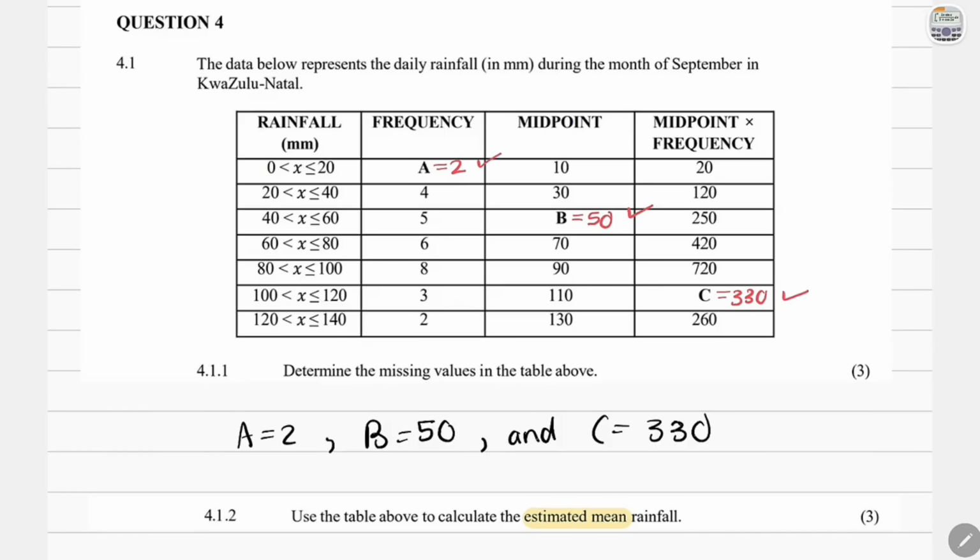What we're going to do is we find a midpoint, and that midpoint is going to serve as the rainfall for this entire class. Okay, so instead of going and trying to see all those millimeters that we get there, we're just going to use 10 millimeters. That's where the estimation part comes from. But now it's 10 millimeters, but it has a frequency of 2, meaning we had a rainfall of 10 millimeters twice.